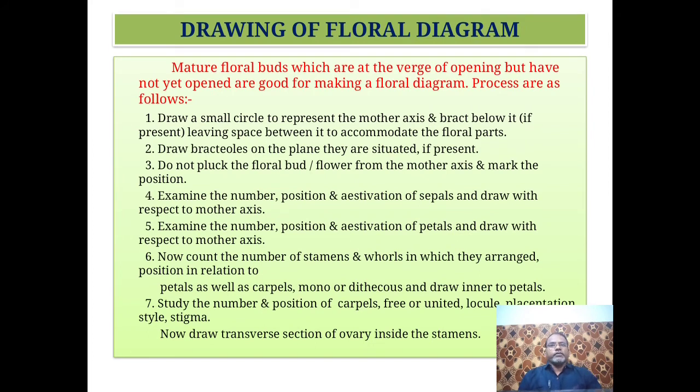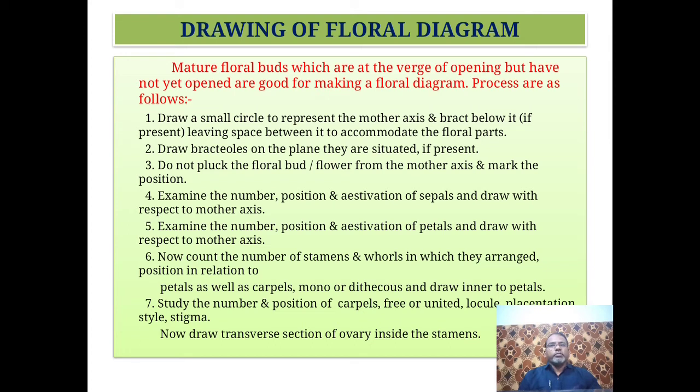Now, drawing of floral diagram. Mature floral buds which are at the verge of opening but have not yet opened are good for making a floral diagram. The process is as follows. First of all, draw a small circle to represent the mother axis and bract below it if present, leaving a space between them to accommodate the other floral parts.